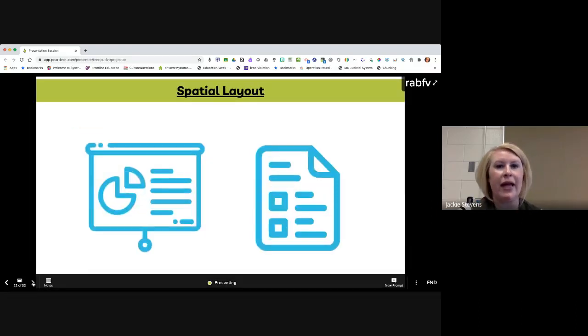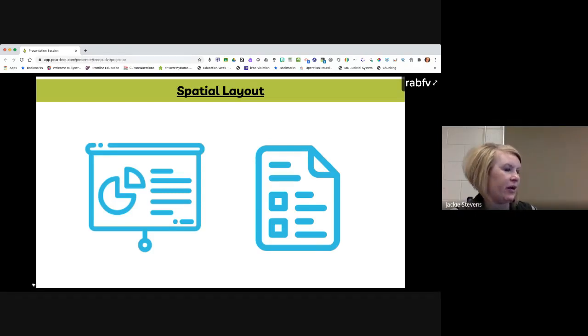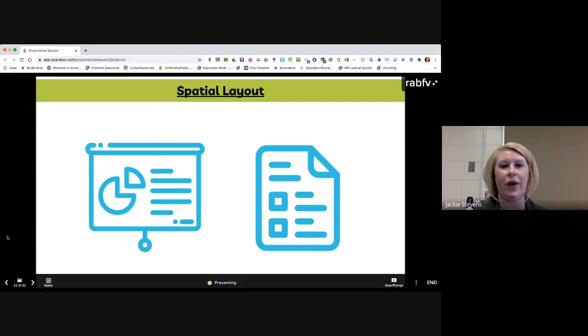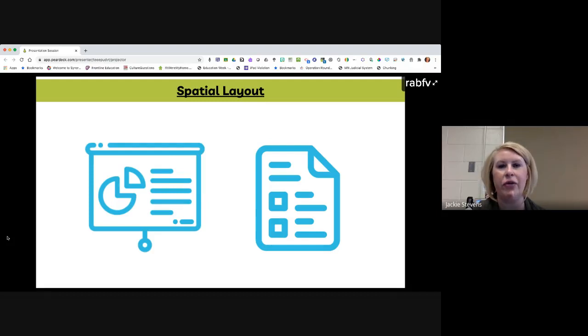Okay, spatial layout is the next one, number 3 of our memory and learning strategies. So this is really interesting. Predictable spatial layout. So if you have the image on one side of a slide and the text on the other, and that's the layout you use throughout a presentation, or on a handout you use similar fonts and styles, and students always know where to find the directions.